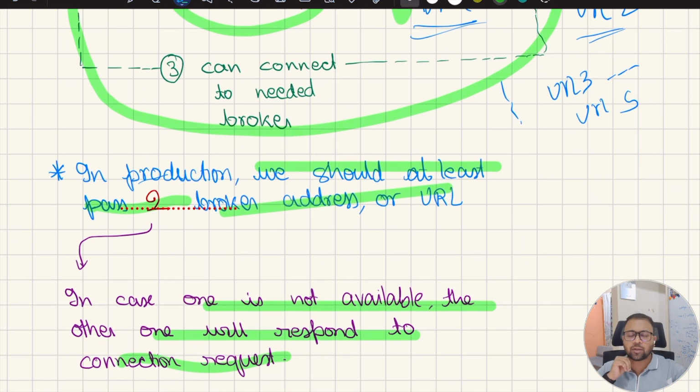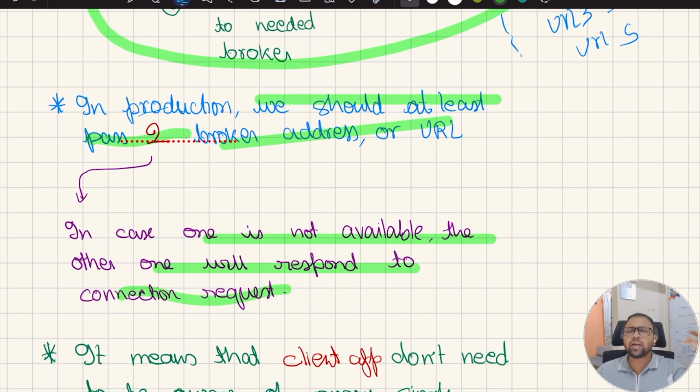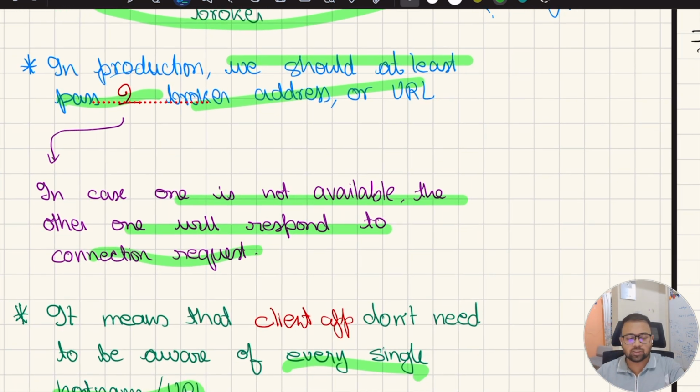So in a production use case, there is no need of passing the URL of every broker. Like if I'm having five Kafka brokers in my Kafka cluster, I don't need to pass the address of each and every broker. Only one or two is fine. Usually in production, you can keep two addresses because in case of failure of one broker, you will have the other, right? This we have understood.